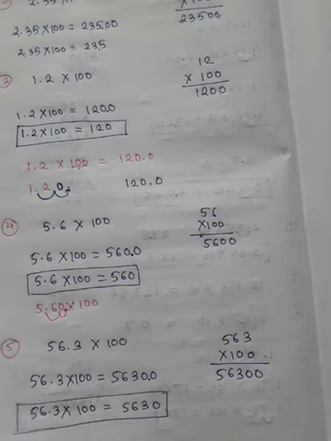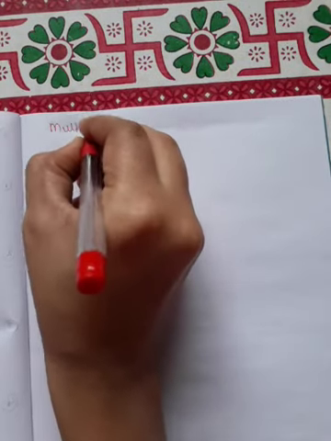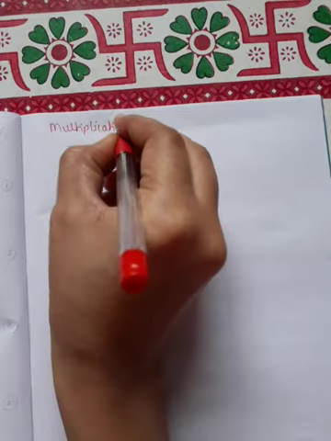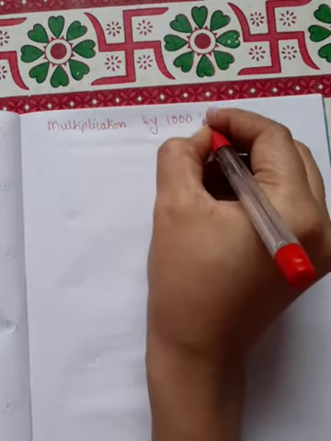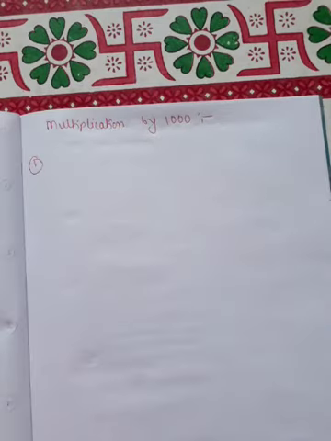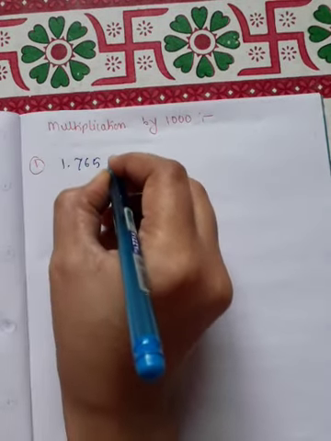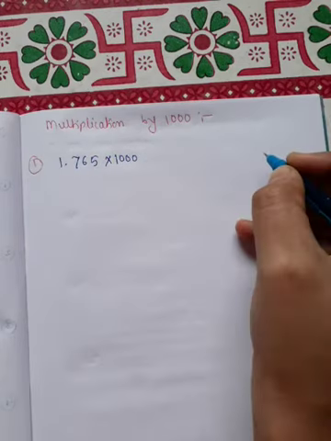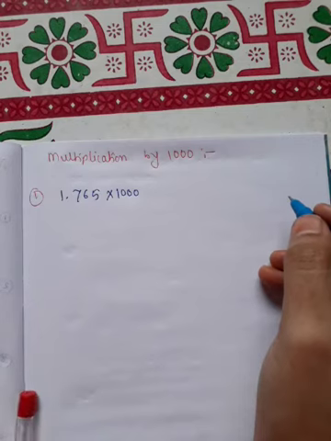Okay, now next, multiplication of a decimal number by 1000. What happens when we multiply a decimal number by 1000? So take the first example, 1.765 into 1000. So ignore the decimal point and multiply.